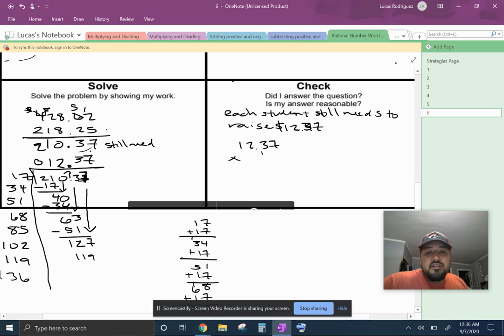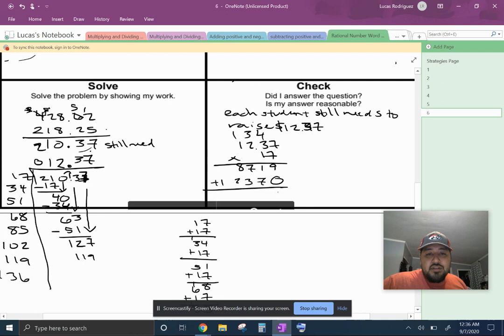$12.37 times 17. Let's see, 7 times 7 is 49. 7, 14, 21, 28, 29, 30, 31. 7, 14, 15, 16, 17. And 7, 8. So that's going to be 7, 3, 2, 1. All right, let's see.